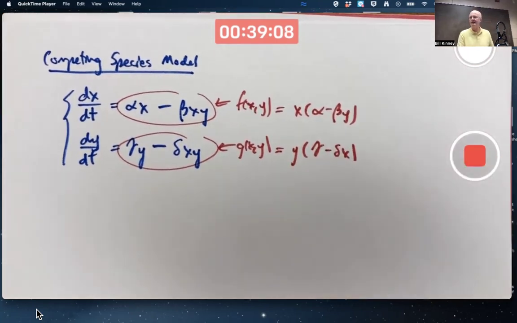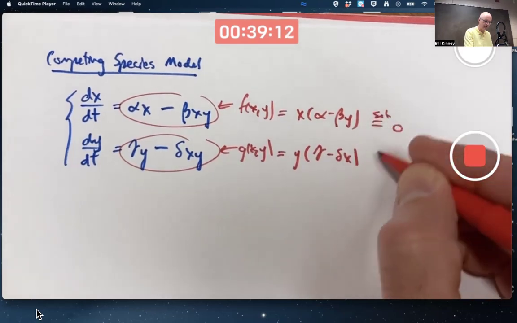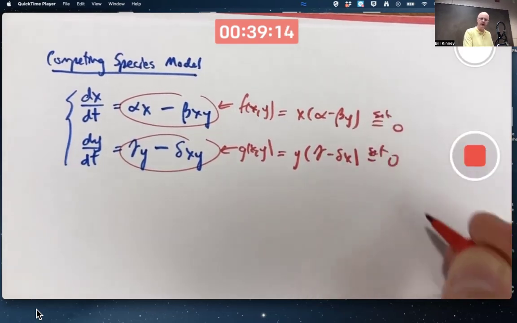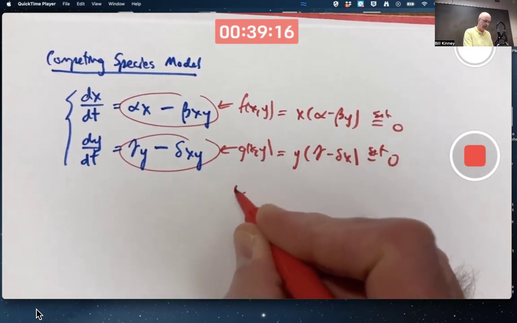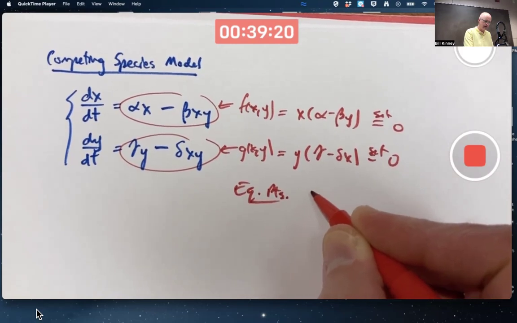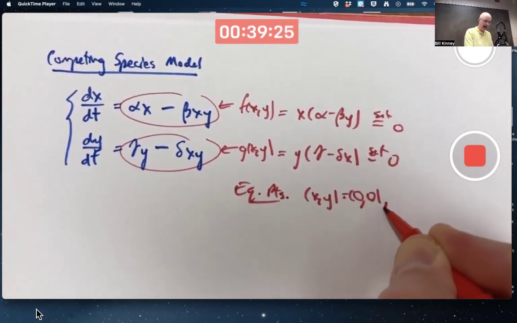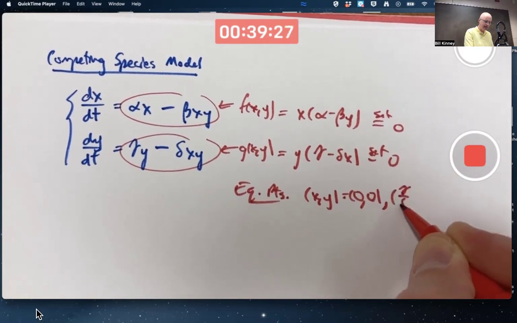The equilibrium points end up being the same when you set these equal to 0 and solve for x and y. You get equilibrium points at the exact same points as before: (x,y) equals (0,0) and (gamma over delta, alpha over beta).